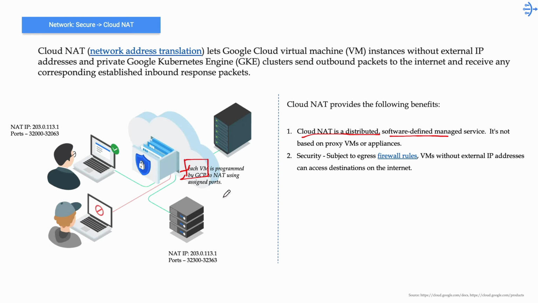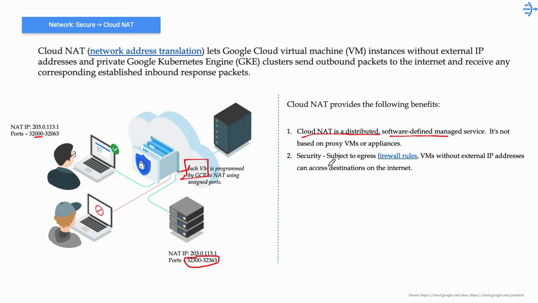If we look at this, each VM is programmed by GCP to NAT using assigned ports. So this particular one, NAT IP this, and it has a defined port of 300 to 363. When you come here, it is 32000 to 32063. So each one of the machines has a defined assigned port which it uses through NAT to connect to internet.